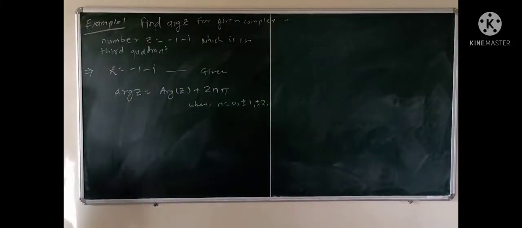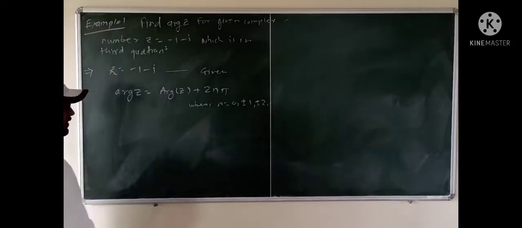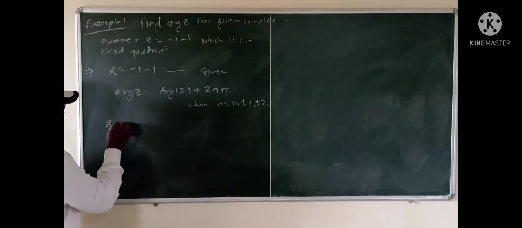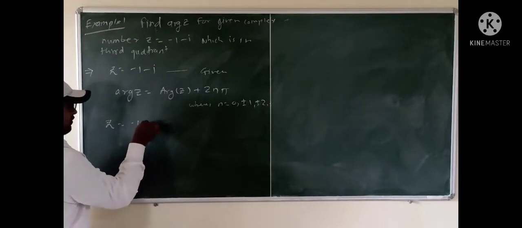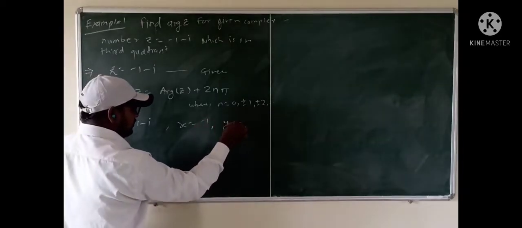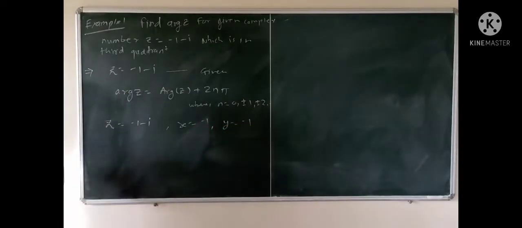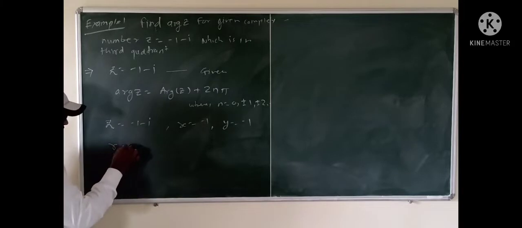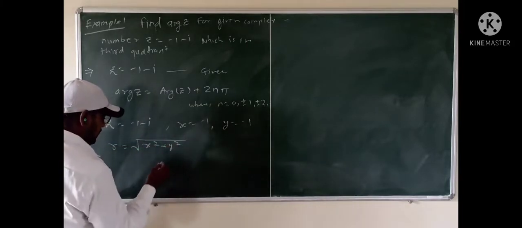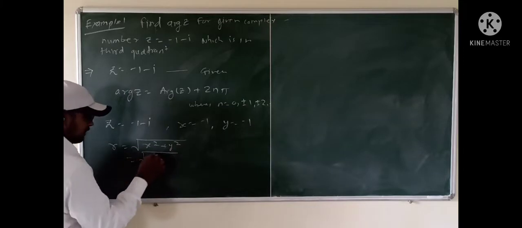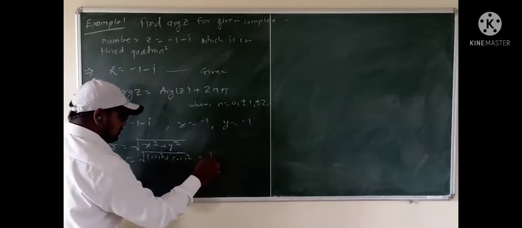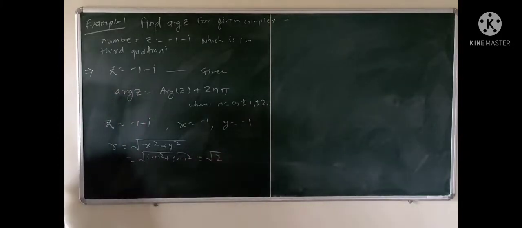So we need to find the value of theta and the value of r. Here z is equal to minus 1 minus i, so x is equal to minus 1 and y is equal to minus 1. The value of r is equal to under root x square plus y square, which is under root of minus 1 square plus minus 1 square, so that will be under root 2.